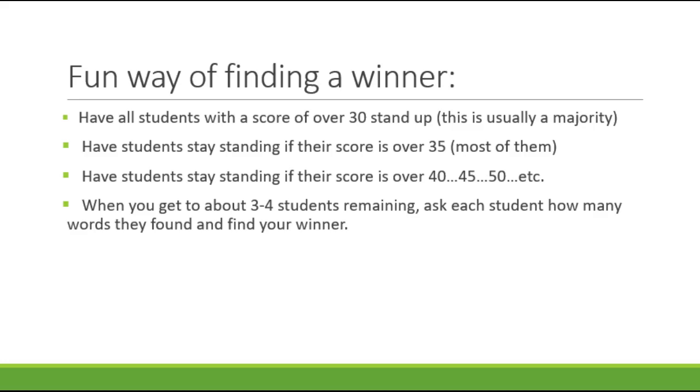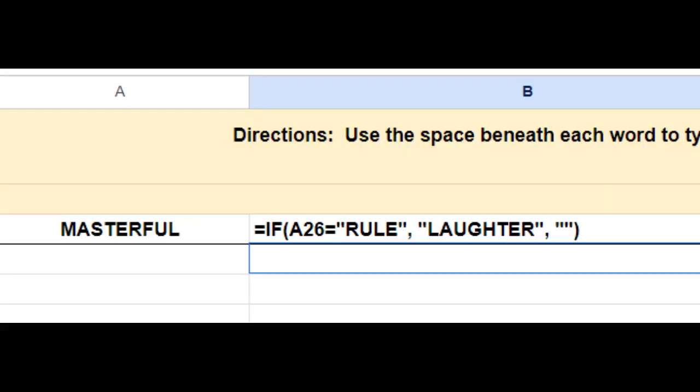But then I usually like to take a few minutes after the game to see if there are any students that can figure out how the spreadsheet works. What was the spreadsheet magic as far as filling out those next words based on the word at the bottom of each column? How did the spreadsheet calculate your final score?